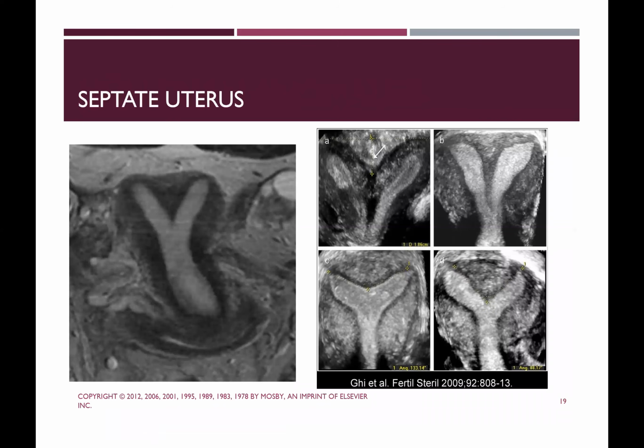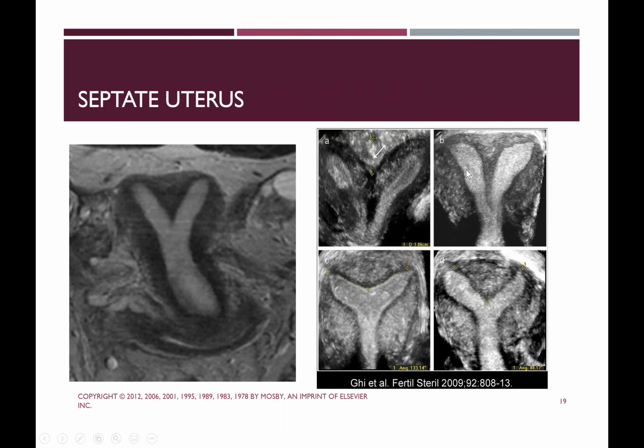Let me show you. Sometimes it's difficult to determine the difference between a bicornuate and a septate uterus. But the difference is, see how this uterine body just has one uterine body? Well, this figure A has two horns. This is more of a bicornuate. It has its own horn. Well, this one only has one big fundus, but has a septum going through it.